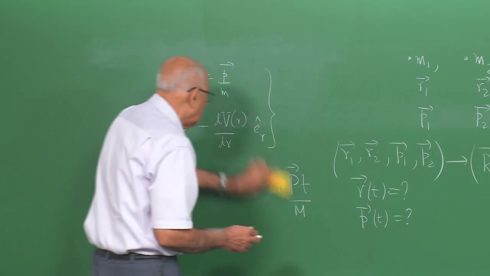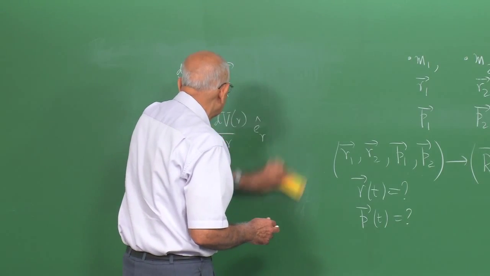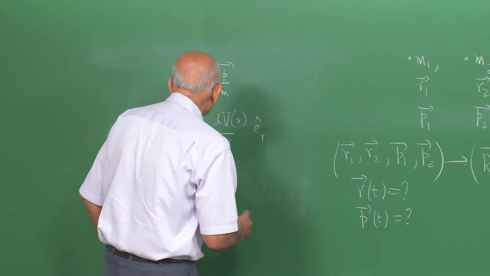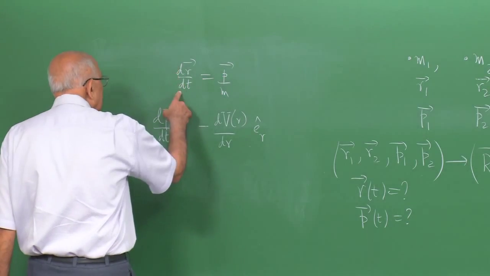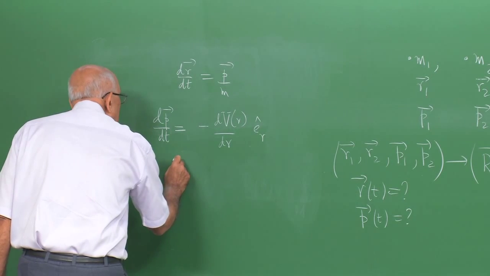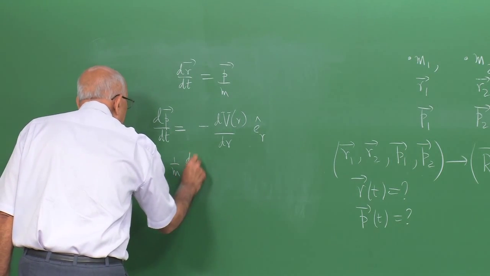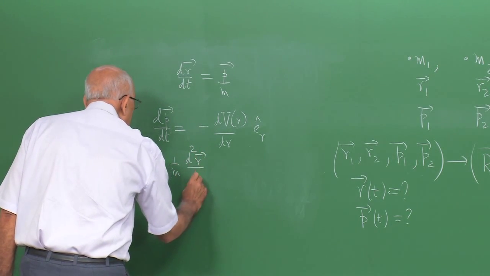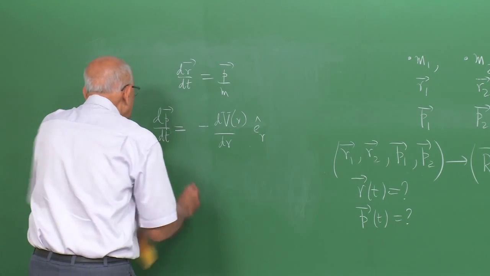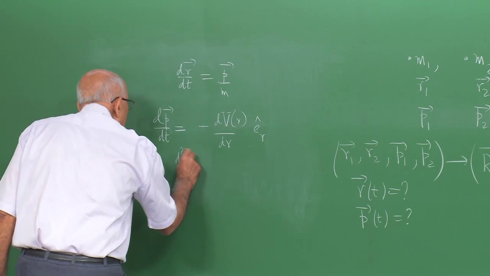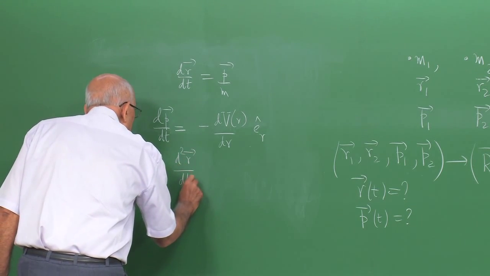So just to write that down here, this immediately implies if I differentiate with respect to t, it's the second derivative here. So it says 1 over m d2r over dt2.